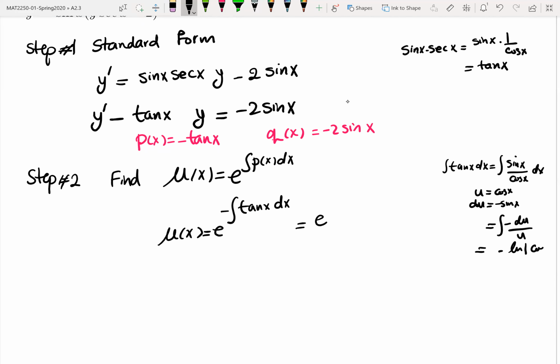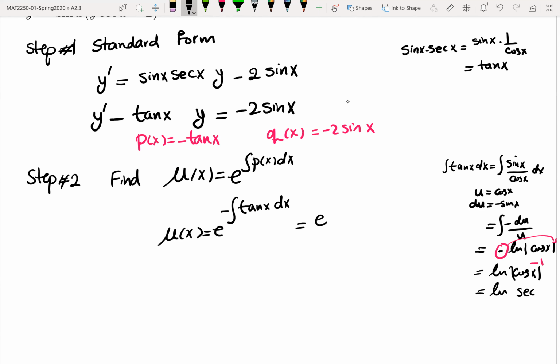I got minus natural log of cosine of x, but I think some of you memorized, I remember from last class, natural log of the secant. That makes sense, right? Because that's really the same as natural log of cosine of x to the -1. And that gives you natural log of the secant.